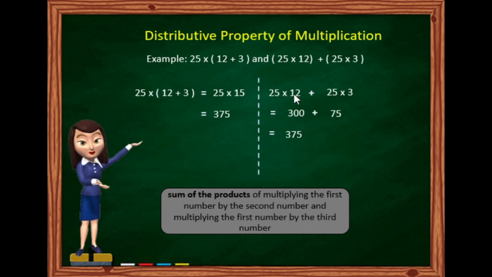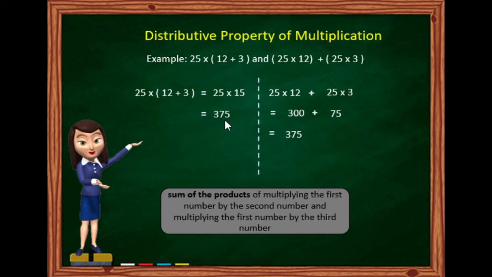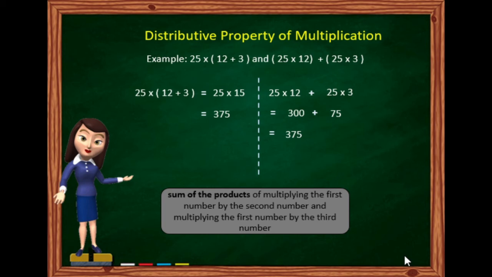So this one, multiply first, add them together, we get the sum. The sum is the same as the product over here. That is distributive property of multiplication. That is to distribute the numbers accordingly.